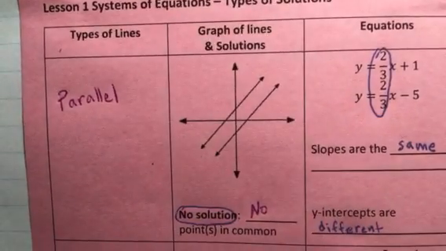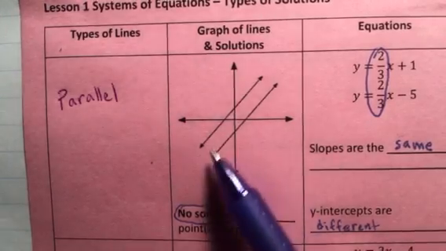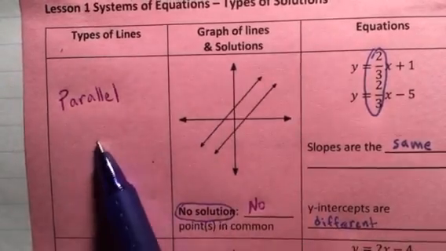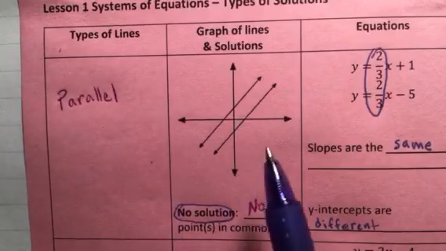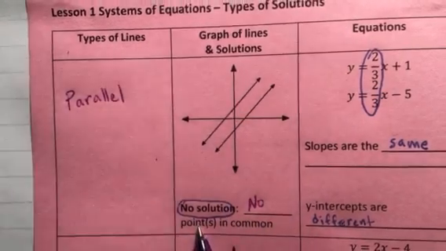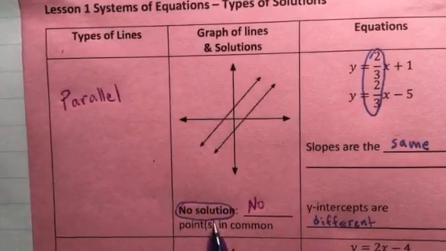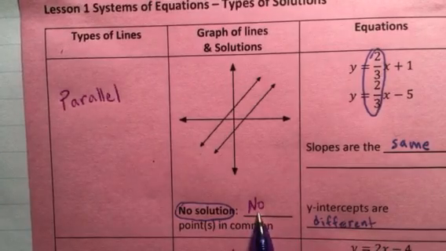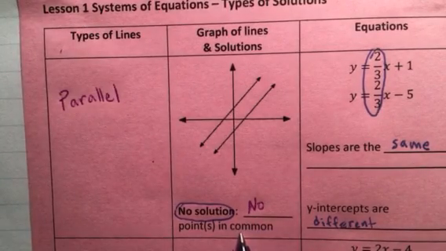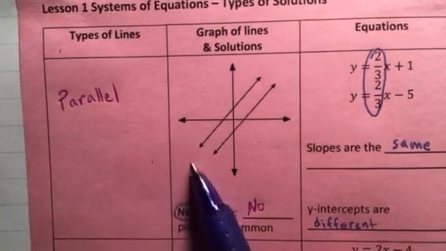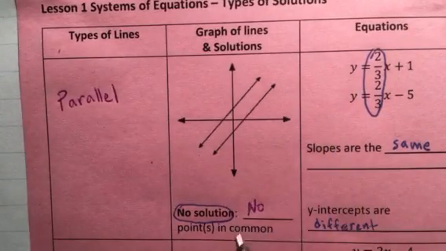In this one, I need you to know that these lines are parallel, and the type of solution you're dealing with is no solution. The reason there's no solution is because they have no points in common. Parallel lines never intersect.